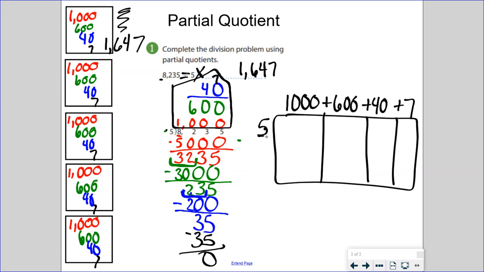I know 5 times 1,000 will give me 5,000. I know 600 times 5 is going to give me 3,000. I know 40 times 5 is going to give me 200. And 7 times 5 is going to give me 35.